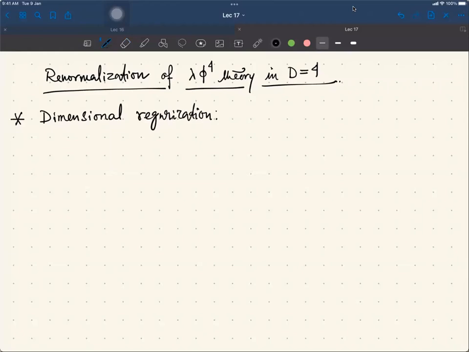So we formulate the theory in d not equal to 4, and then do our calculations and take the d going to 4 limit only at the end. So d not equal to 4, the 4 minus d is going to be the regularization parameter.